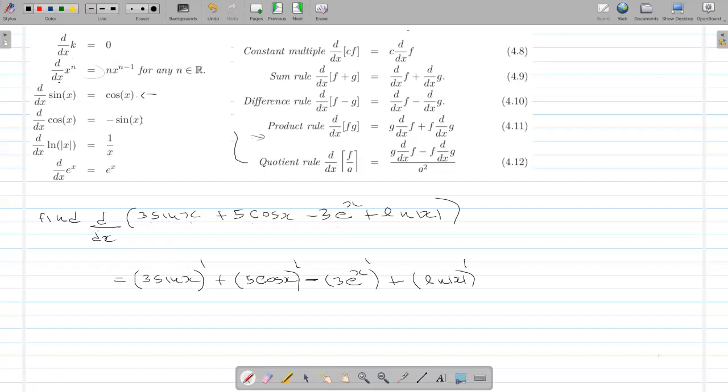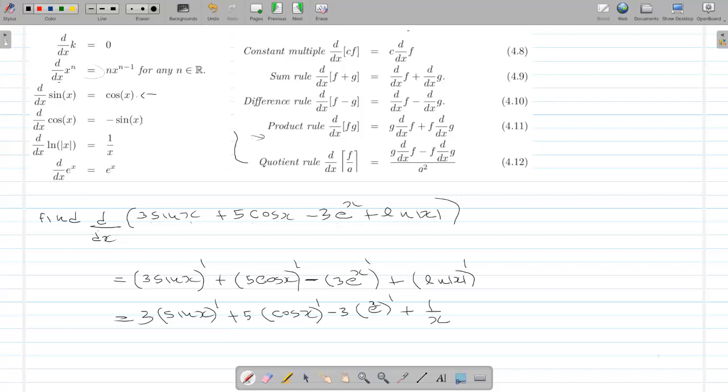Okay, so here these are constants, no? I can pull out the constant next. So first I applied the sum rule, now I am applying the constant rule. Okay, first I apply the sum and difference rules, now I am applying the constant rule. This one is listed here, so I can differentiate it, no?